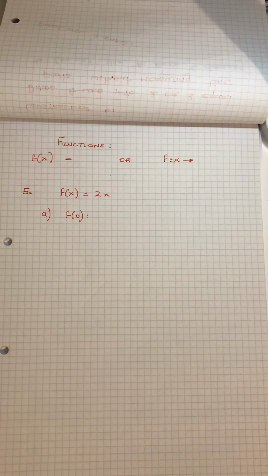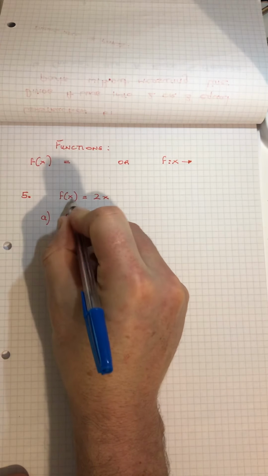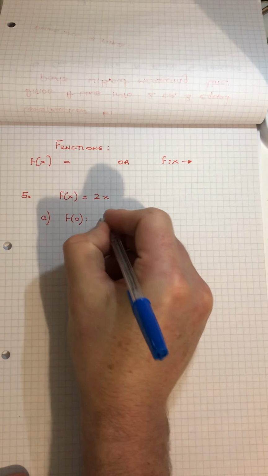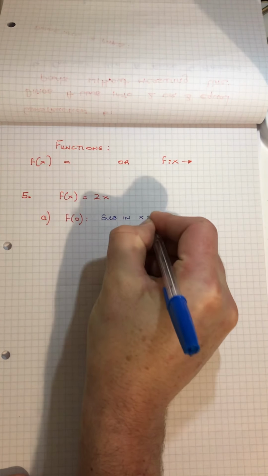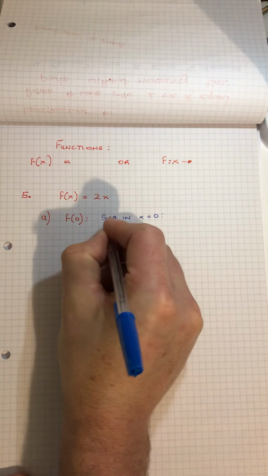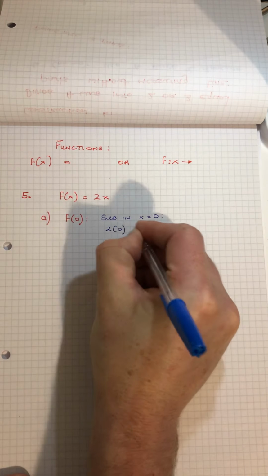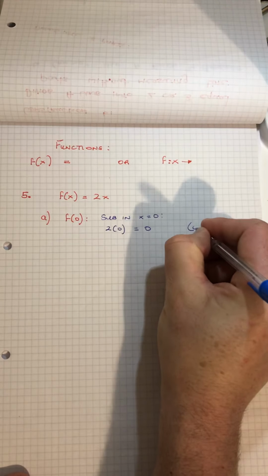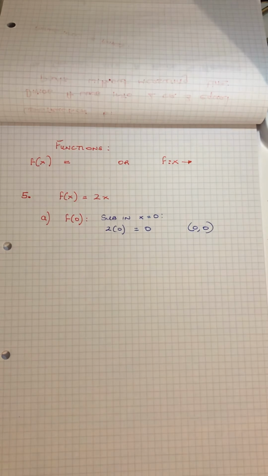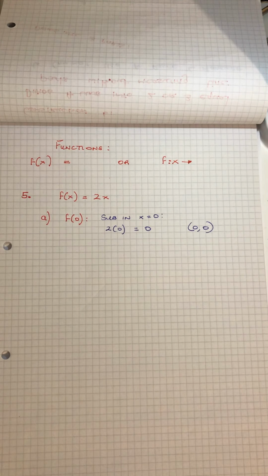Now, f of 0, so we're replacing x with the number 0. So sub in x equal to 0. So in this case, 2 times 0 would be 0. So when you sub in 0, you get out 0. Okay? And that's how you would write the function out for yourself.